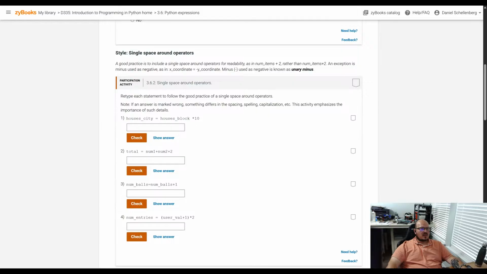Style. Single space around operators. A good practice is to include a single space around operators for readability, as in num items plus 2, rather than num items no space plus no space 2. An exception is minus used as negative, as in x coordinate is assigned negative y coordinate.